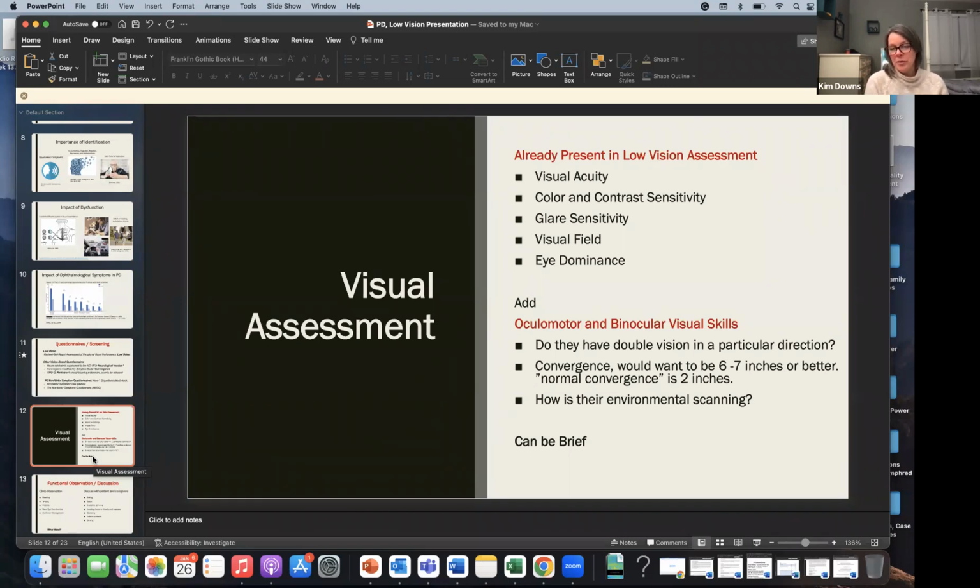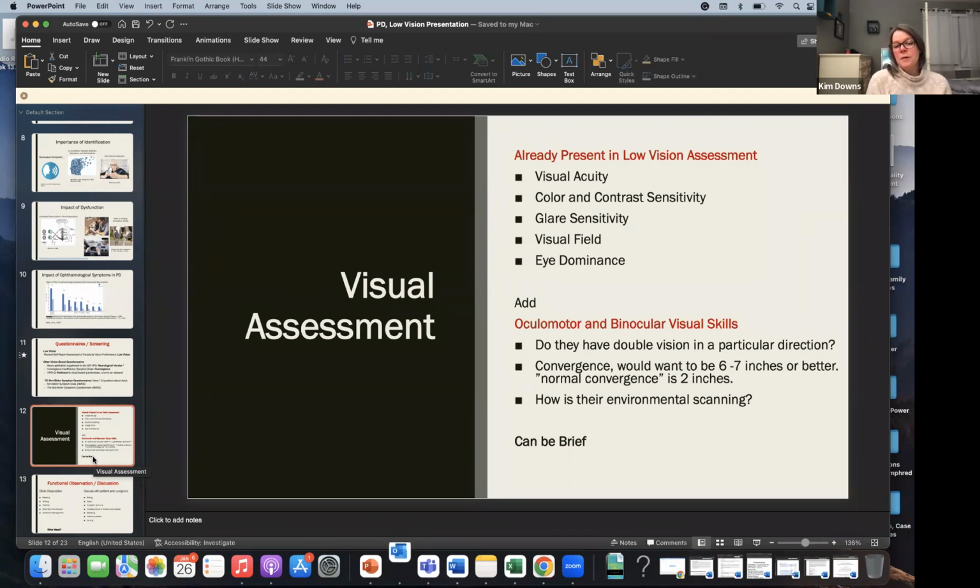The target may be blurry, but it shouldn't be double. In a younger individual, someone who's a younger adult or a teenager, normal convergence can be anywhere from 2 centimeters to 2 inches, just to give you a little perspective.